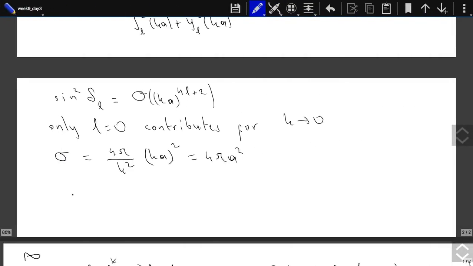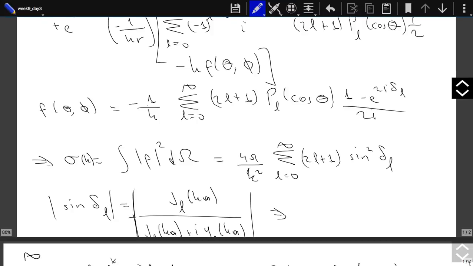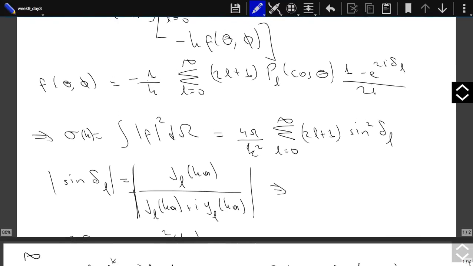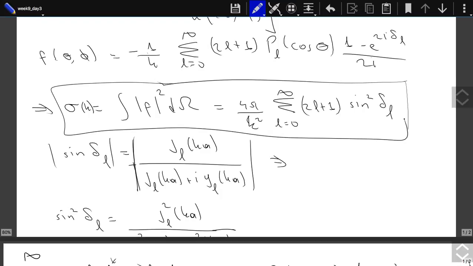So basically what this tells us is that we can just limit this summation for the total cross-section. We can limit it up to some L max, not up to infinity, but a finite value of L max.